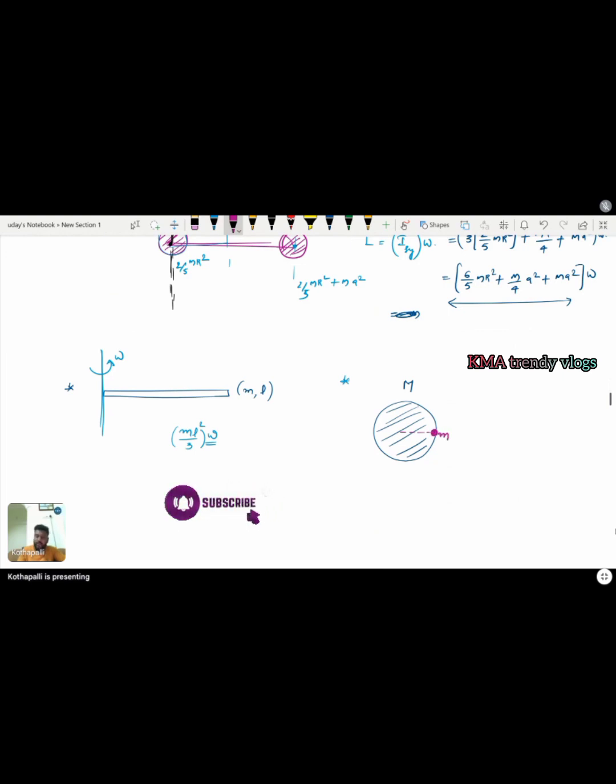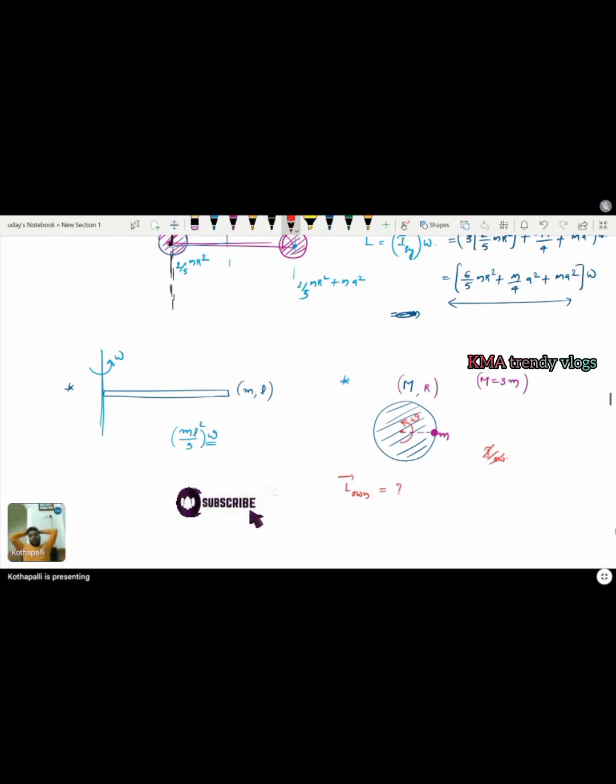You can take capital M equal to 3m in the continuous part, radius r. It is rotating about its own axis. So find its angular momentum about its own axis with angular velocity omega.